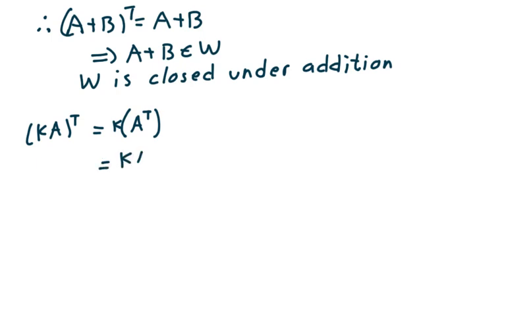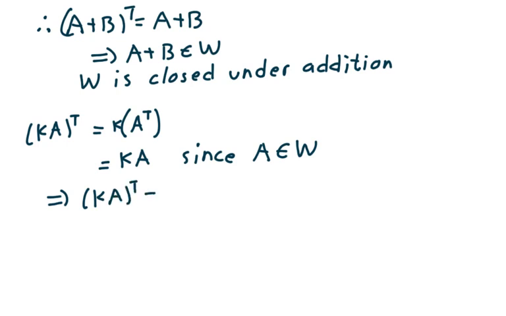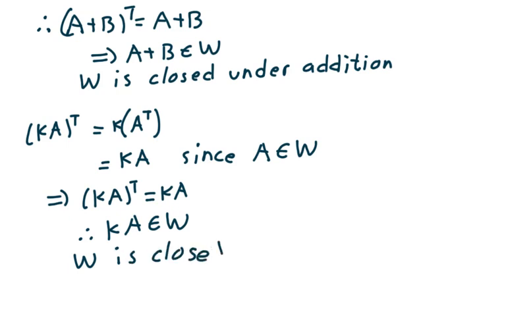But this is equal to Ka since A belongs to W. And so that implies the transpose of Ka is equal to Ka, and therefore Ka belongs to W, and W is closed under scalar multiplication.